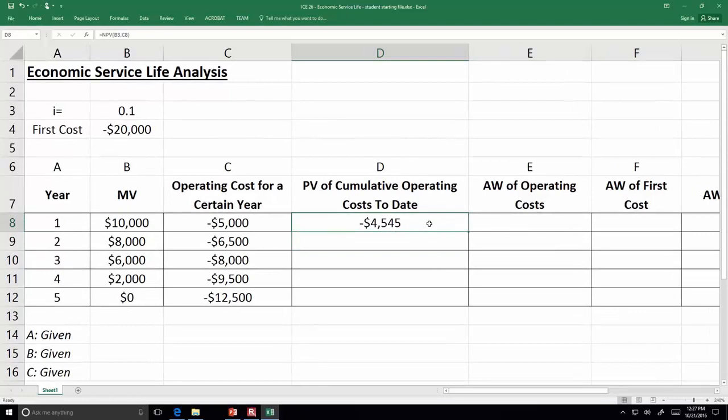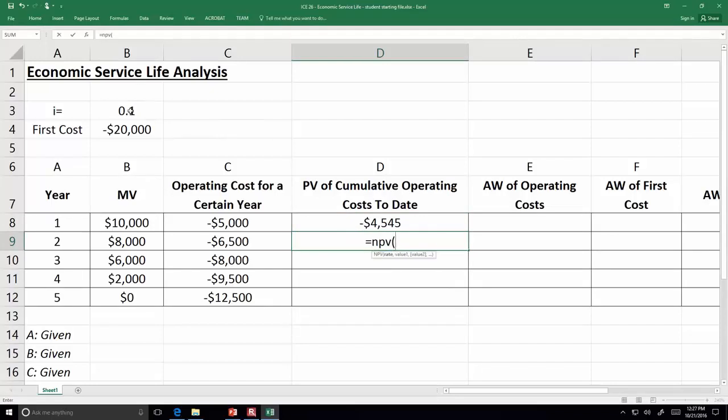That means if you take the operating costs that are paid at the end of year one and take them to the present, then that amount in year zero is equivalent to $4,545.